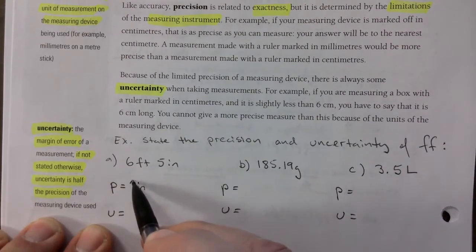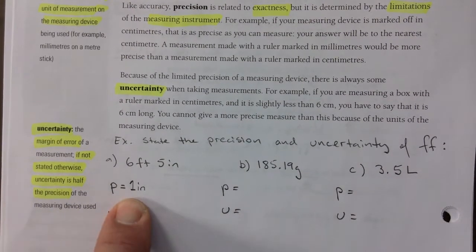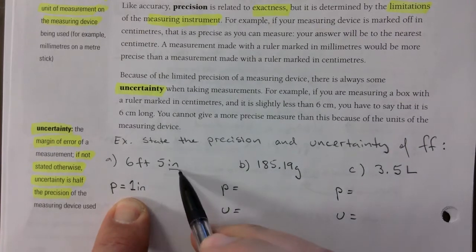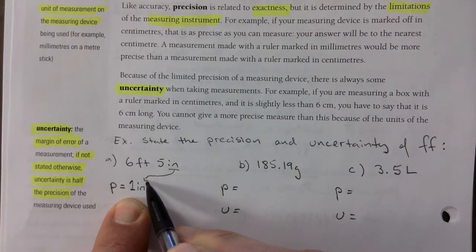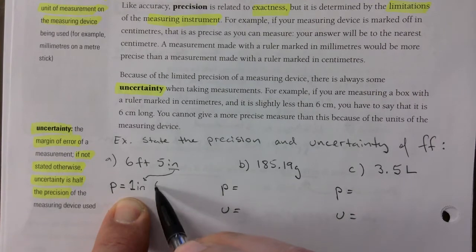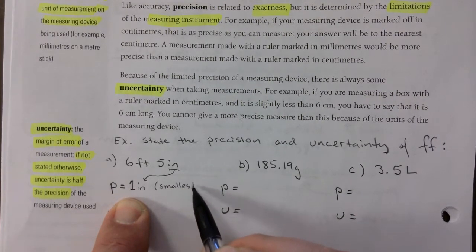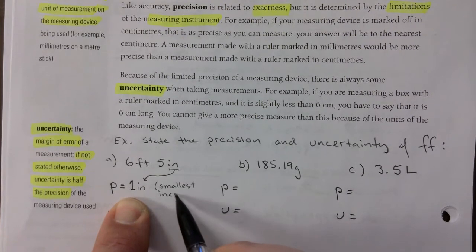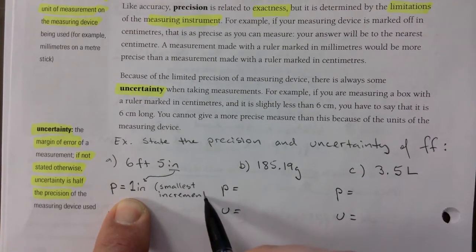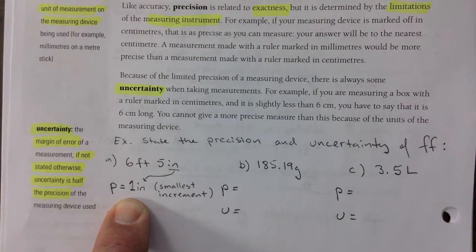I'm going to make sure that's a 1, right? Your precision here is 1 inch. Smallest increment, I will say. You know that this device, whatever has been used, gets you to the closest inch. We're just assuming that.